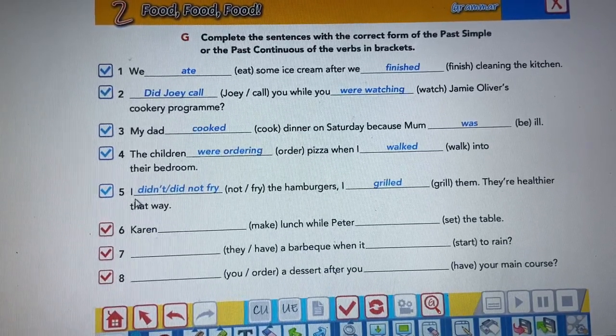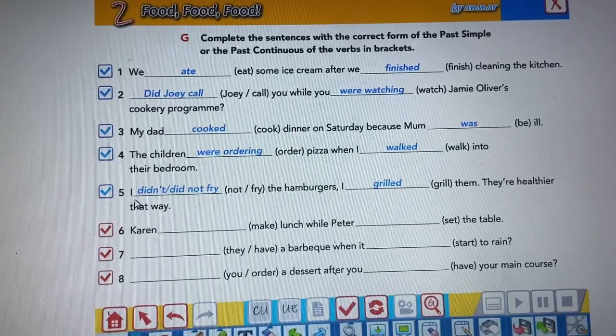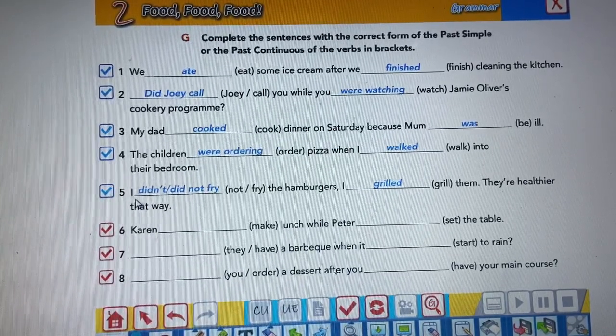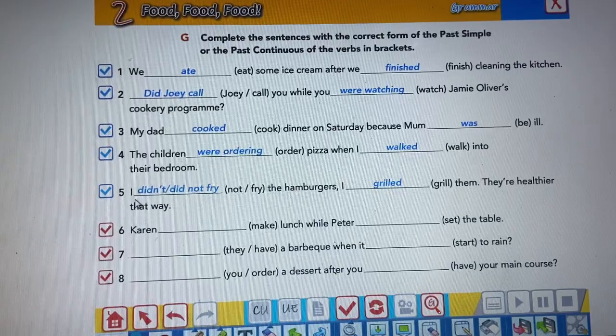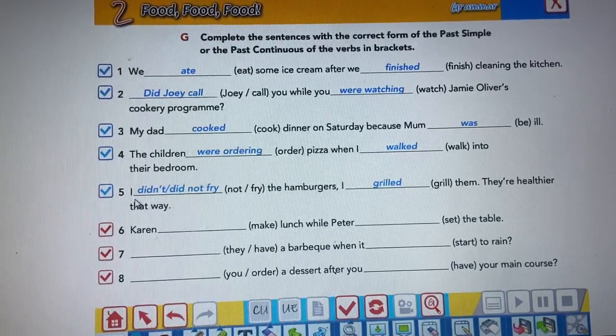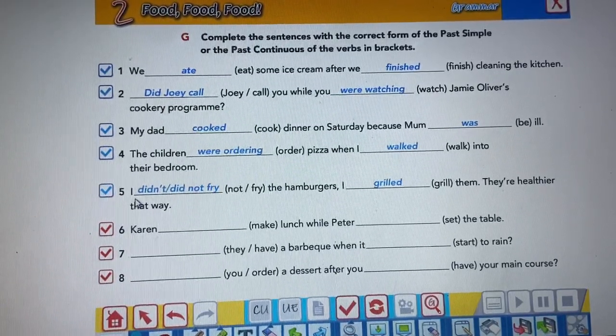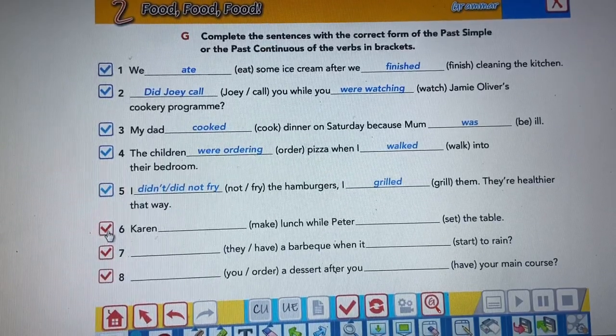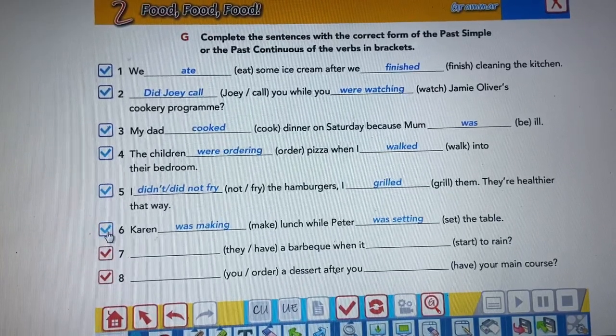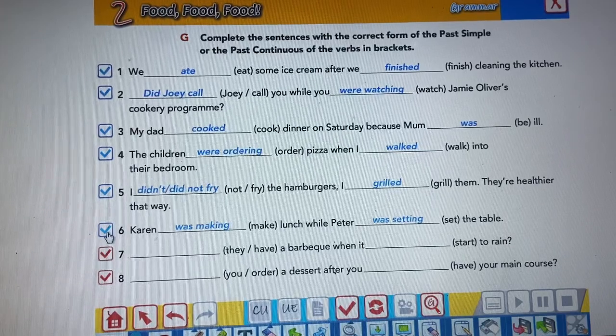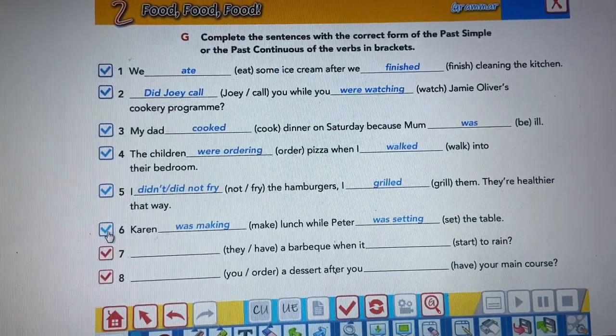So we're going to use the past continuous with Karen and Peter. So Karen was making lunch while Peter was setting the table, because these 2 actions were in progress at the same time in the past. Yes, that's correct. Number 7, they have a barbecue when it start to rain.